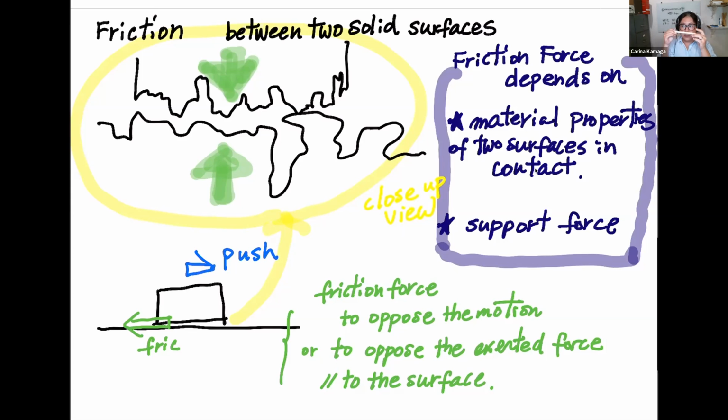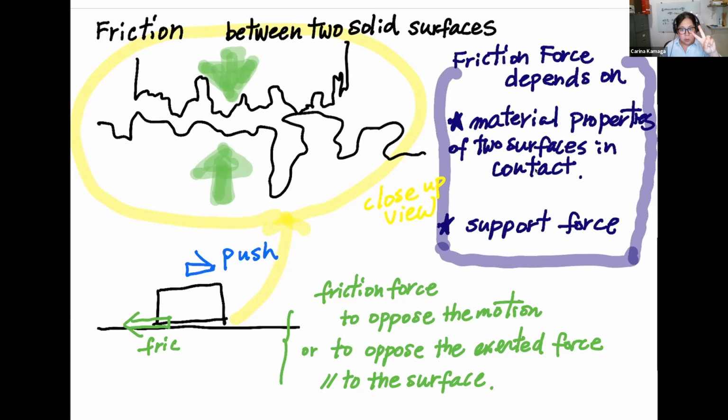Although friction force applies parallel to the surface, the more you push against each other, the bigger the friction force you're going to have. If you don't push as much, you're not going to have as much friction force. So how much you're pushing down, and how much the surface is pushing you up, changes the magnitude of friction force.